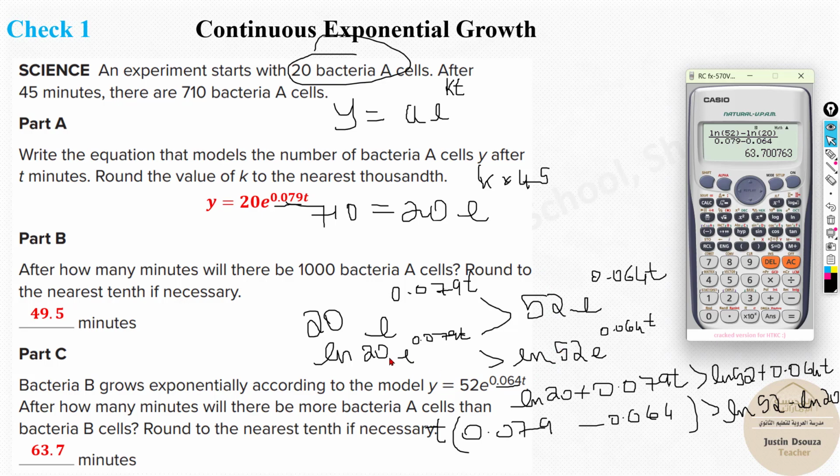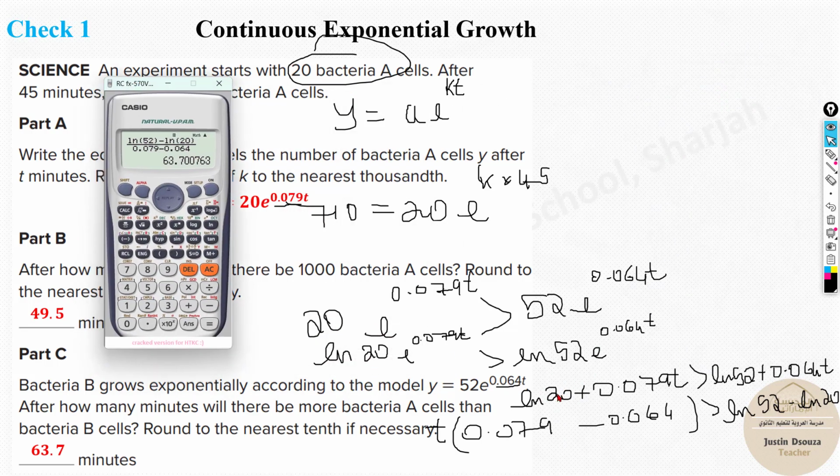But if you try, for example, this equation, you would get an answer. ln 20 plus 0.079x must be equal to ln 52 plus 0.064x, shift and solve.